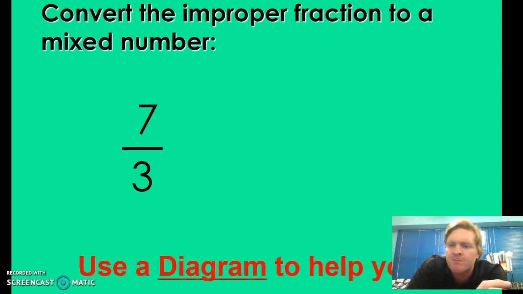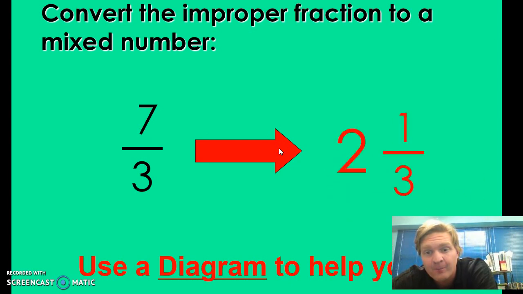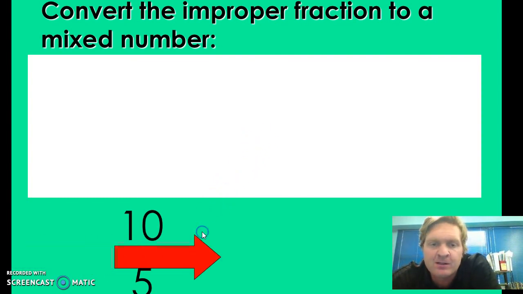How many parts is a whole broken into? So my prediction is that you're going to have 2 and 1/3. But I want to see a diagram that can show me that. Likewise with this one, I'd like you to draw a diagram that represents 10/5.